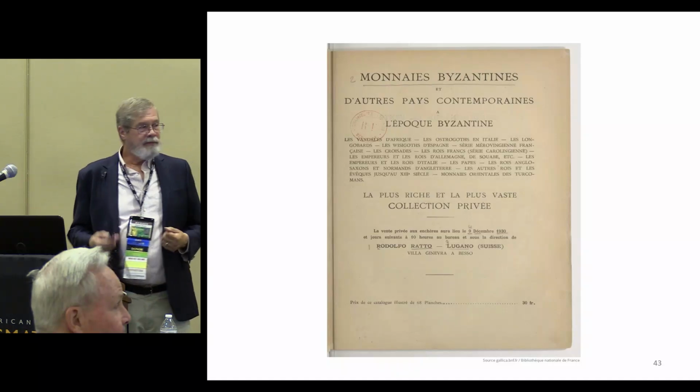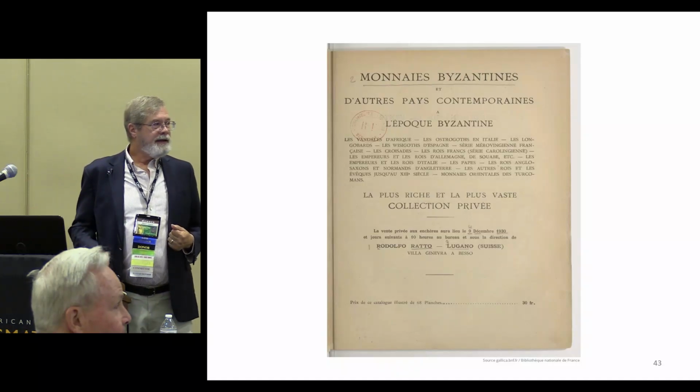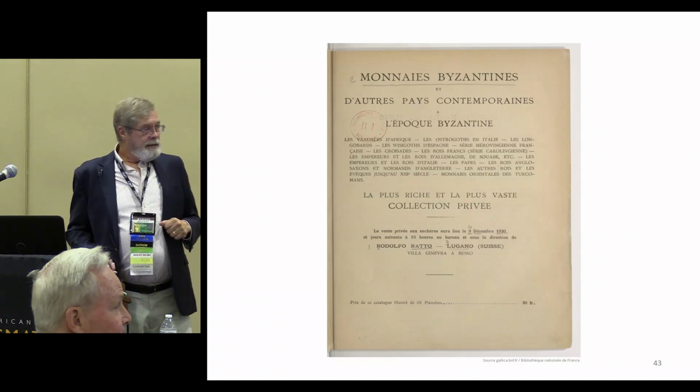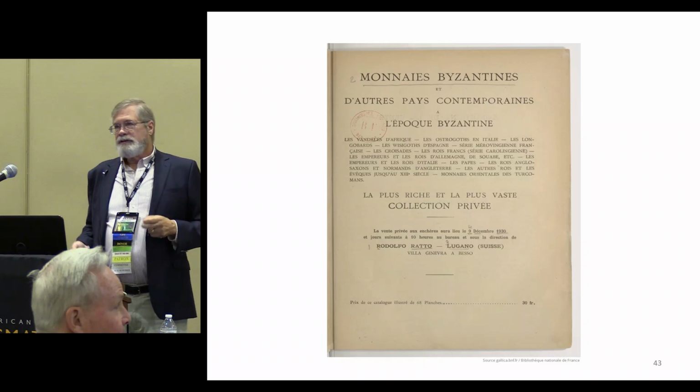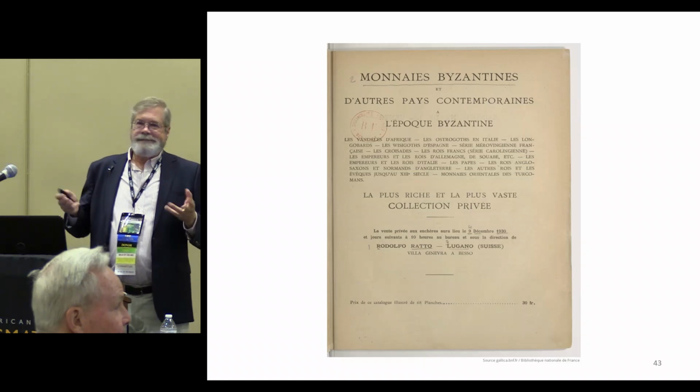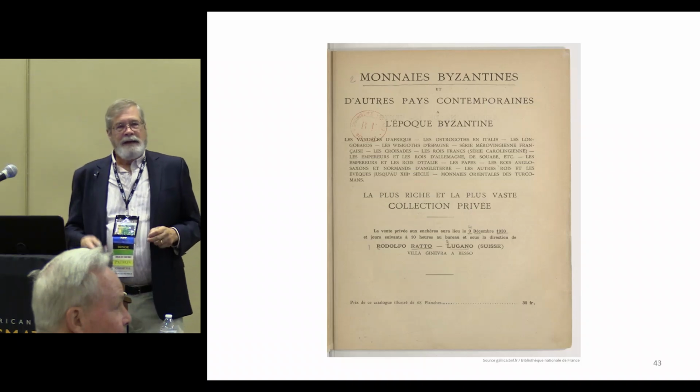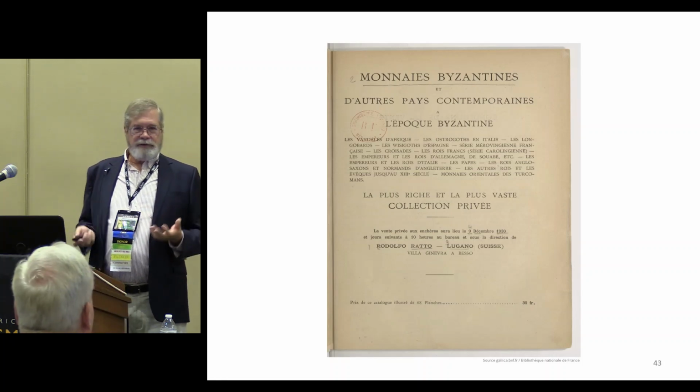So this is really cool. I'm looking forward to seeing what they've got in this catalog. You'll see on the bottom there that it costs 30 Swiss francs. 30 Swiss francs back then would have been maybe about $5.82 or so. Today, that would be the equivalent of $113.